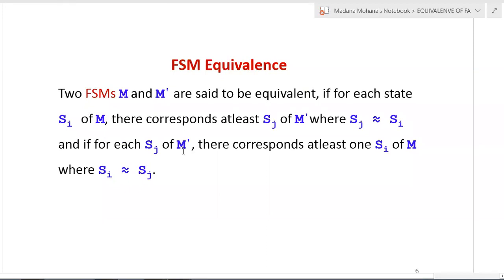How can we say two finite automata or two finite state machines are equivalent?